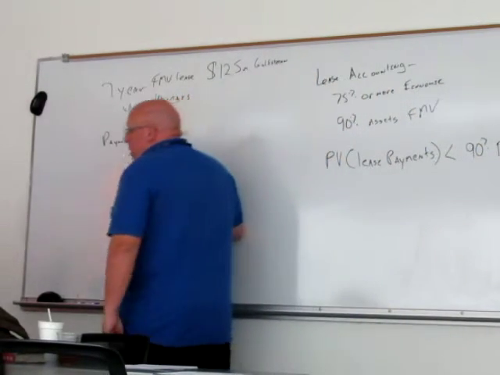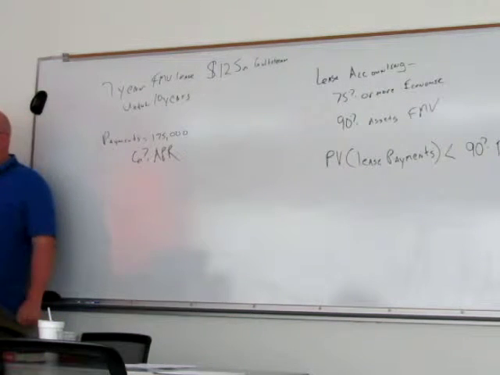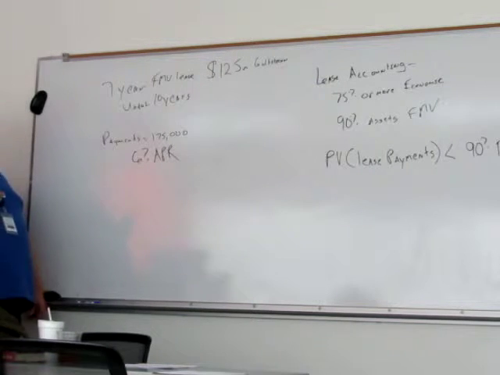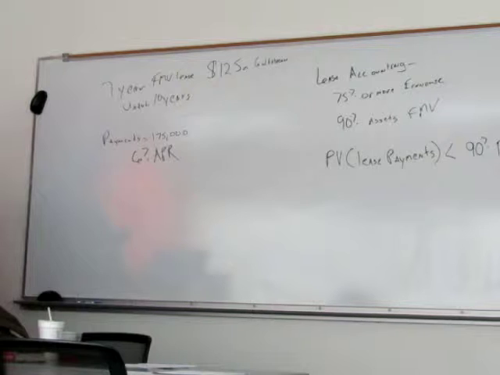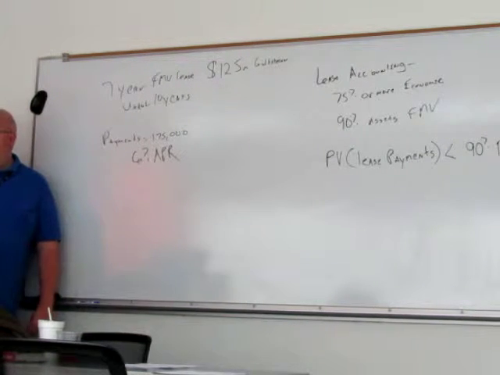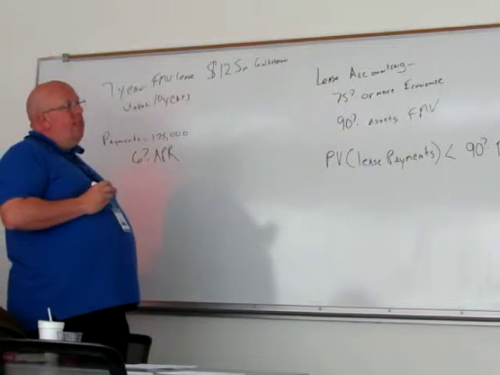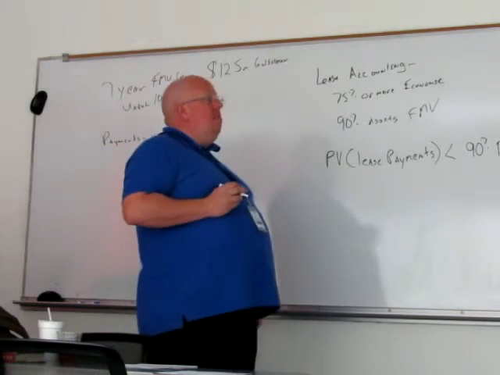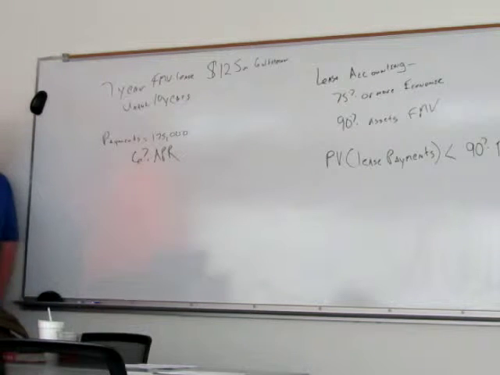What's my present value going to be? Did they give us a residual? So we're going to calculate that. There's no. Well, we have to find out what the present value is, because if it's not given, assume there's no residual.